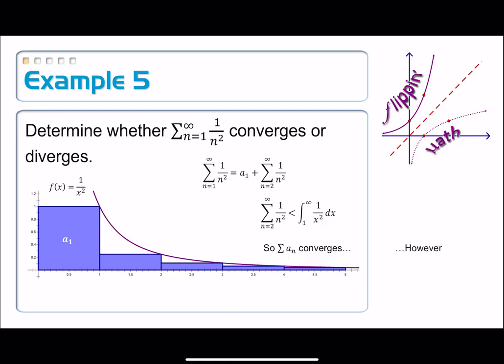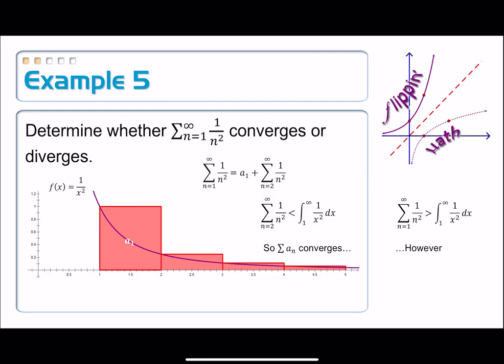And when I do, I'm going to see that it's actually bigger than that. So I shifted it over so that you can see that now we're using a left Riemann sum. And even though this is bigger than a convergent series, it still converges by the previous discussion. But now we can definitely see when we include that first term that it's bigger than the actual value of the area underneath the curve, okay?